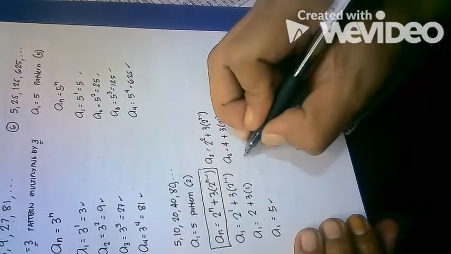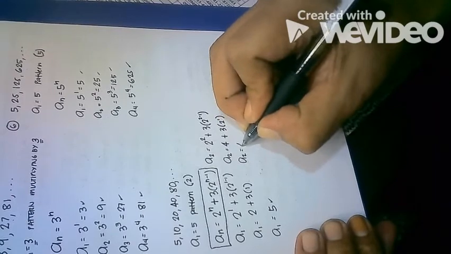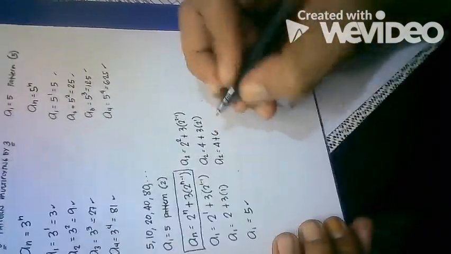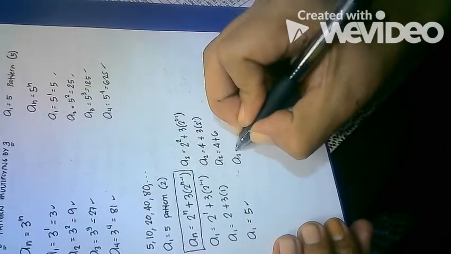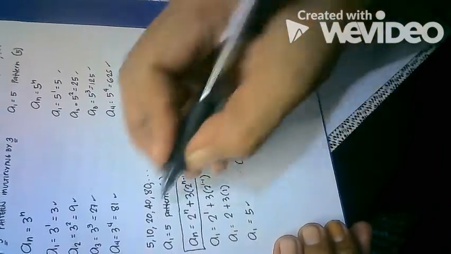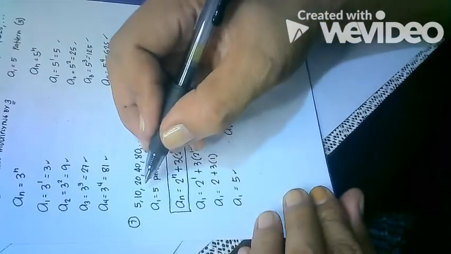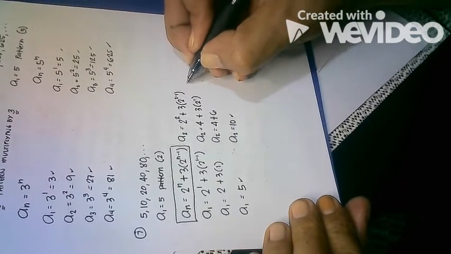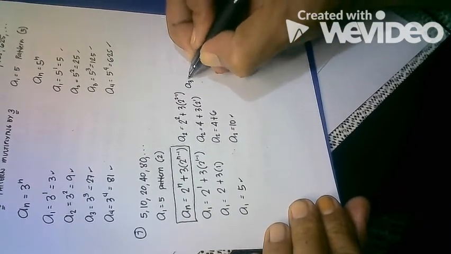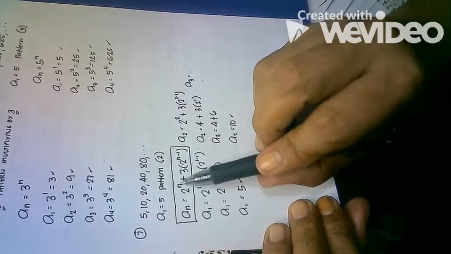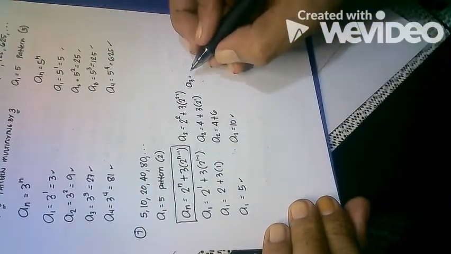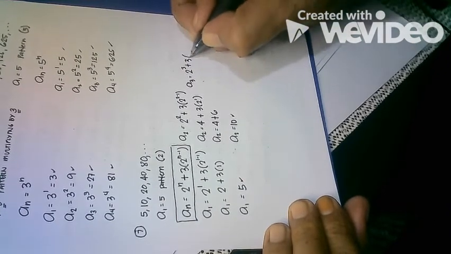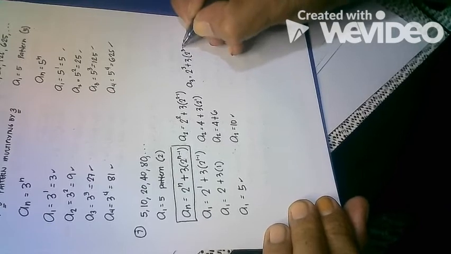Okay, so a sub 2 now equals 4 plus 2 to the 1, which is 2, times 3 is 6. So your a sub 2 is 10. So check for the second term. Okay. So let us solve for a sub 3. So a sub 3 now, your n is 3. Substitute 3 for this n. So it becomes 2 to the 3 plus 3 times 2 to the 3 minus 1.